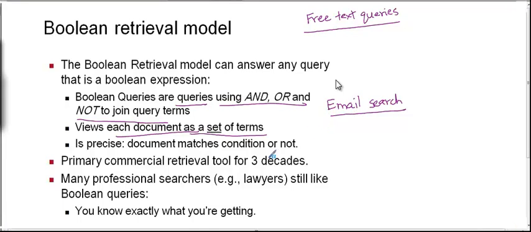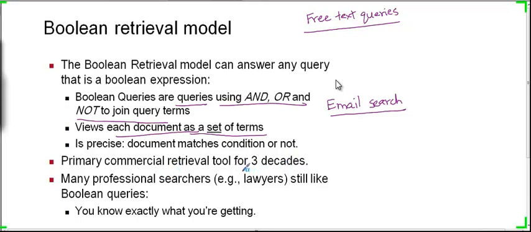And if you open the sequence of results that you get, you'll see that it's based on the appearance of those terms in your emails. It's not based on this rank retrieval model. So email search is a popular example of a Boolean retrieval search.